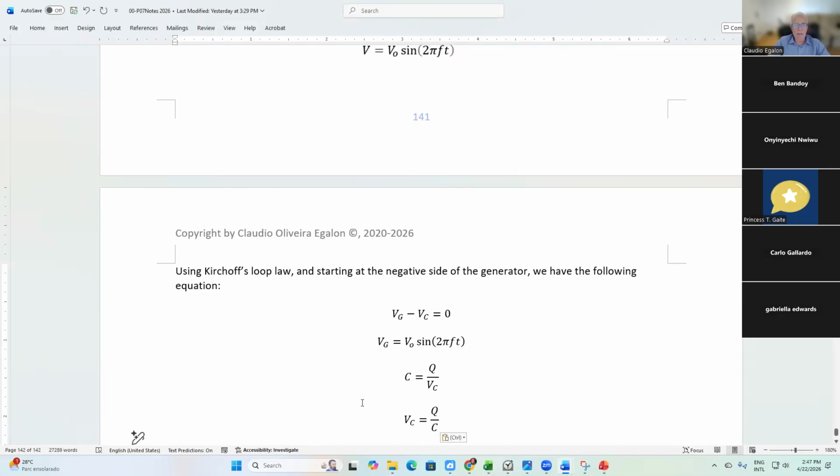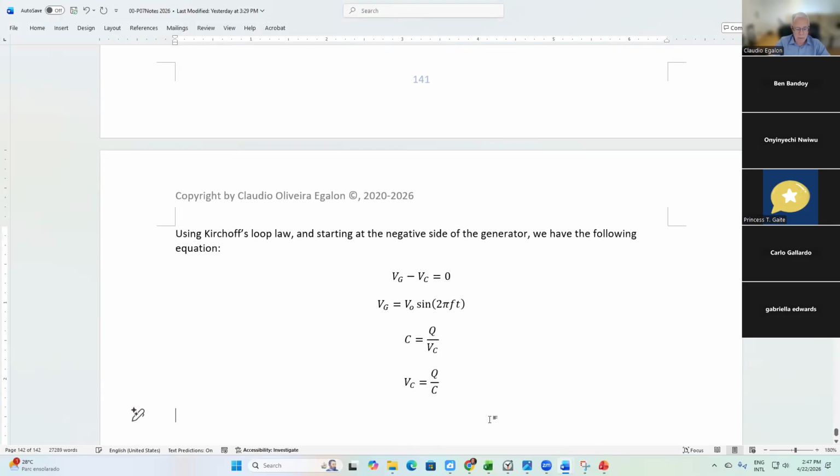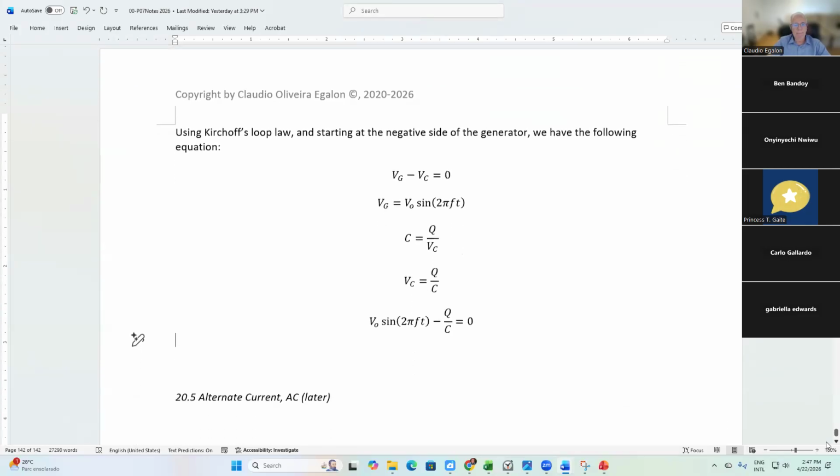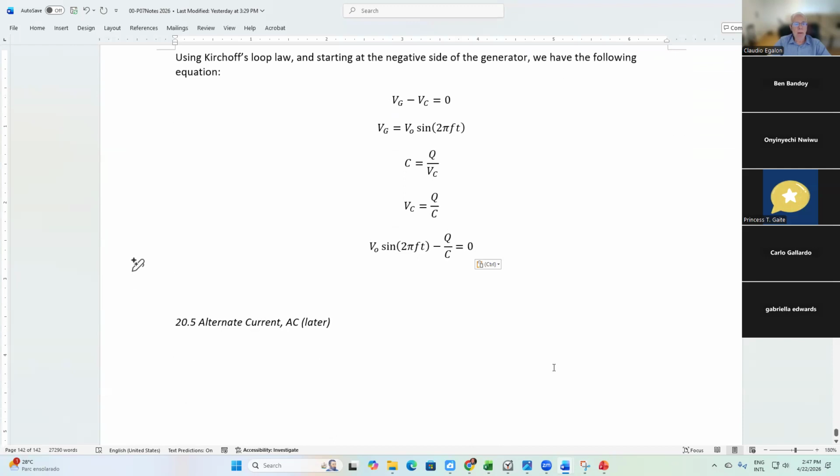We invert it, VC equals Q over C, and we get this equation right in here: V naught sine 2 pi f t minus Q over C equals 0.